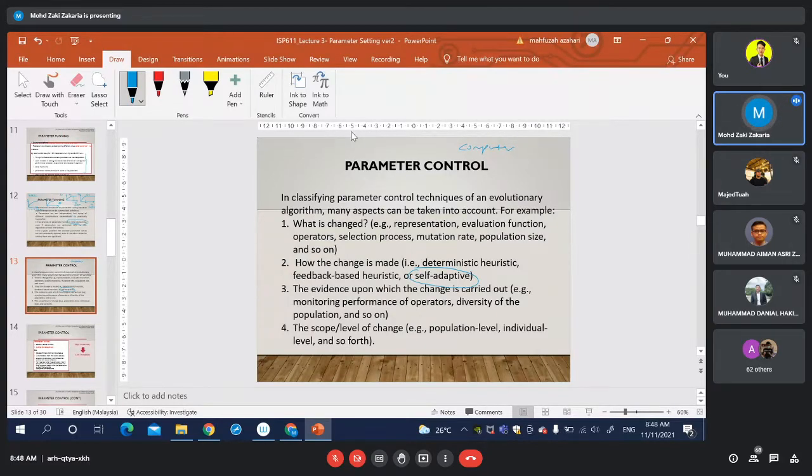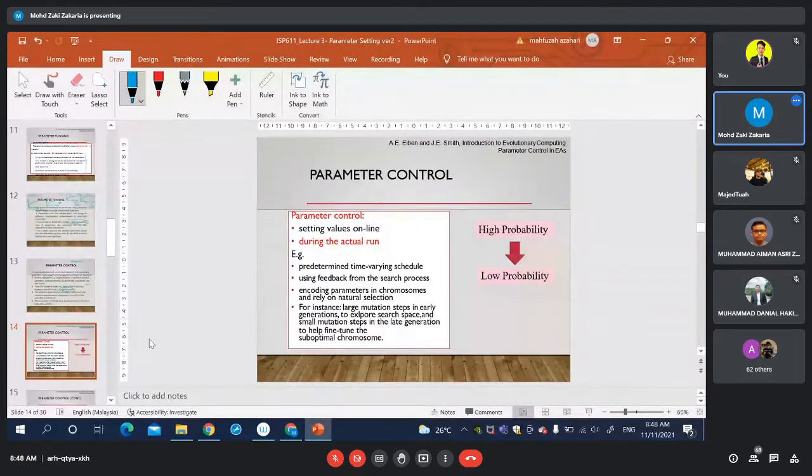Deterministic heuristic is usually based on time. And then the evidence upon which the change is carried out, for example, monitoring performance of operators, diversity of population, and so on. The scope or level of change: population level, individual level, and so forth. Okay, this is the parameter control.